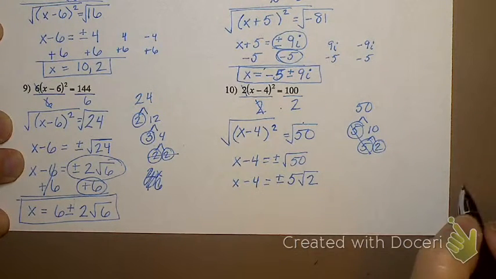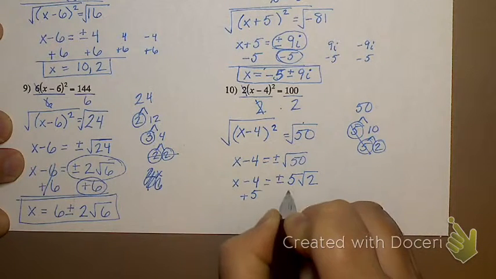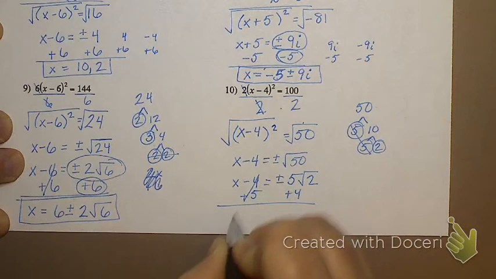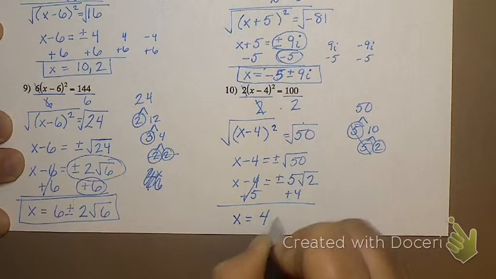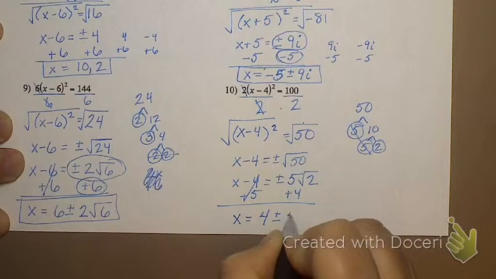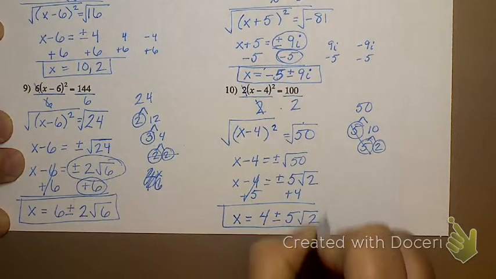So far, so good. This time I would add 4. So how do I write my answer? x equals 4 plus or minus 5 radical 2. And that's how I leave my answer.